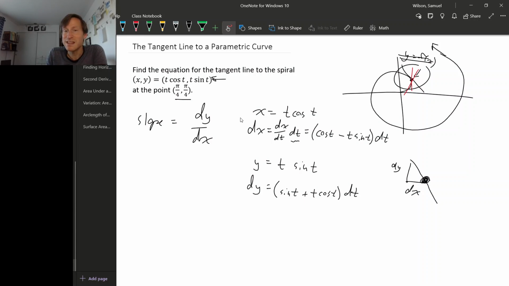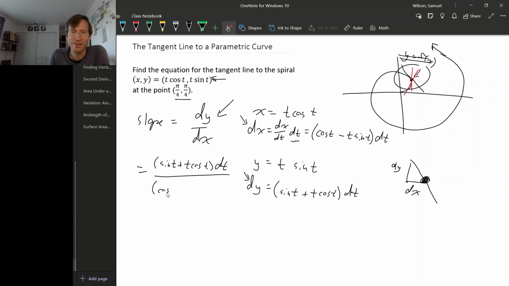Now we can take these expressions for dy and dx and put them into this ratio. Put dy in the numerator. So that's sine t plus t cosine t all times dt over dx, which is cosine t minus t sine t times dt.